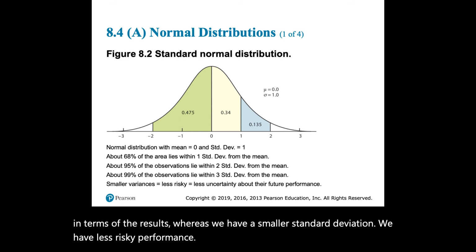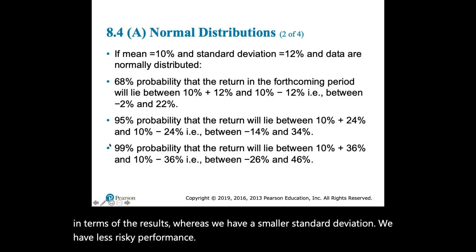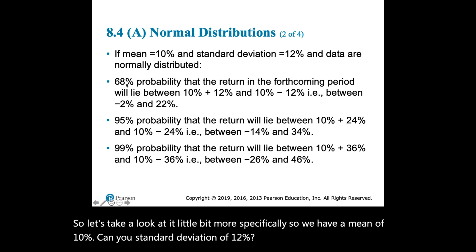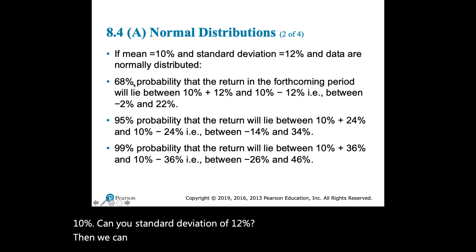So let's take a look at it a little bit more specifically. If we have a mean of 10% and a standard deviation of 12%, then we can determine that for 68%, if we add them together, we have 22%, and if we subtract them, we have -2%. So this area here will be that one standard deviation.